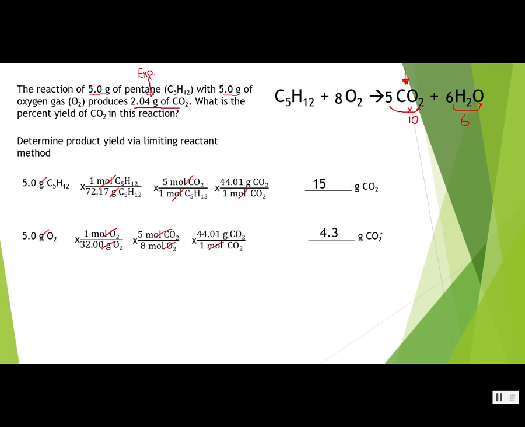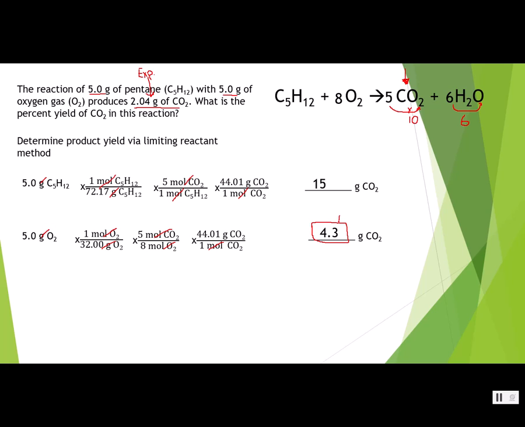Your theoretical yield is always from your limiting reactant. Your limiting reactant always produces the smallest amount of product. So that means that oxygen is my limiting reactant, and my theoretical yield, the maximum amount of product I can make, is 4.3 grams. We're almost there.